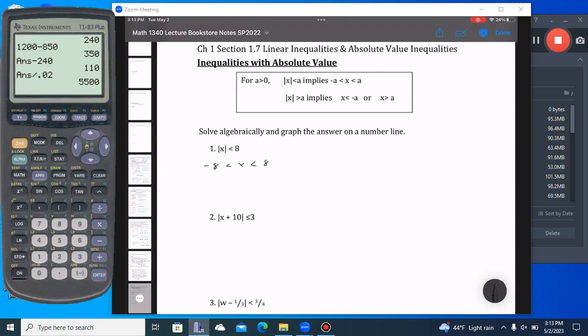So once we do that, and if we have an expression other than just an x, we solve for x in the center of that inequality, just like we have been doing. But this is our solution now for it. If it's a less than or equal sign, it follows the same rule, just you have a little equal sign there.